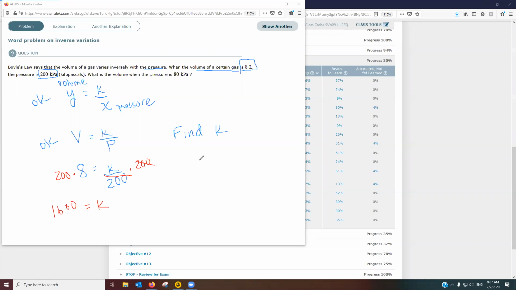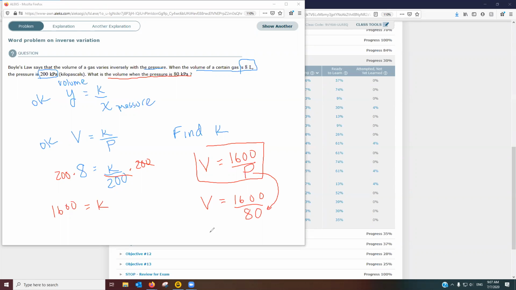So now I can write the equation as v equals 1600 over p. This is the variation equation where I plugged in k equals 1600. Now I can answer the question: what is the volume when the pressure is 80? So now they're just asking me to plug in 80 for p.